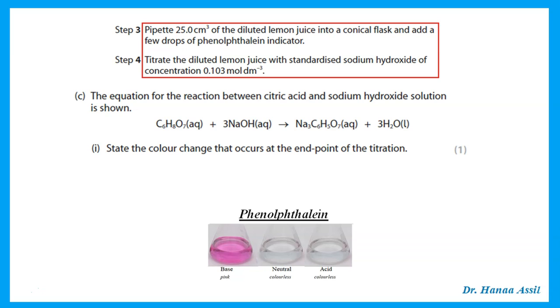That is colorless. So once we add the sodium hydroxide from the burette drop by drop, we add it until the first drop that gives a permanent pink. So we're changing from colorless to pink.